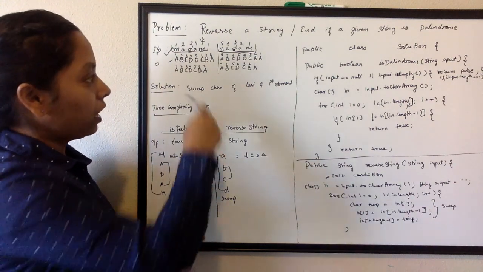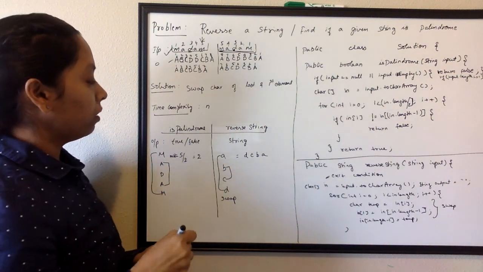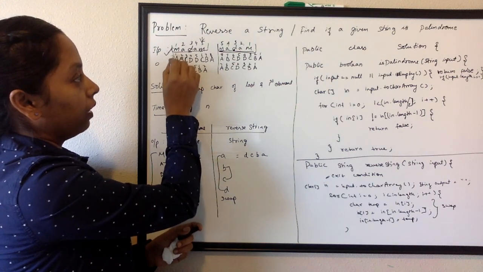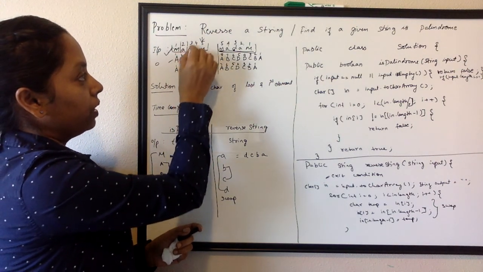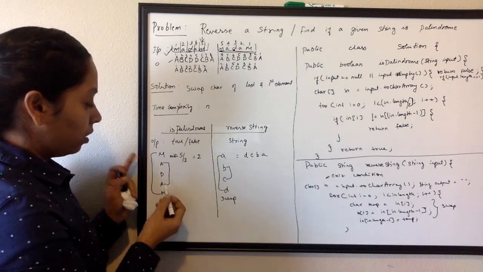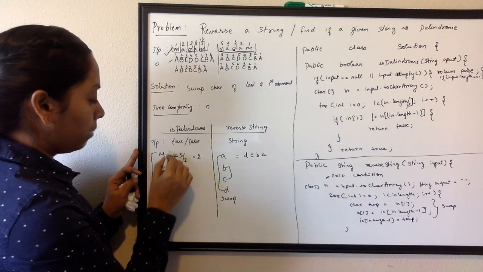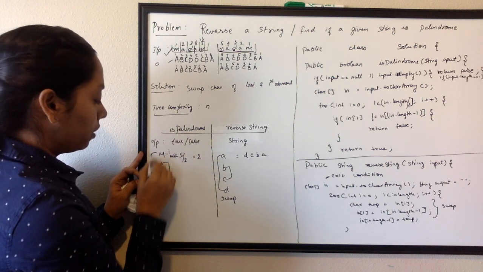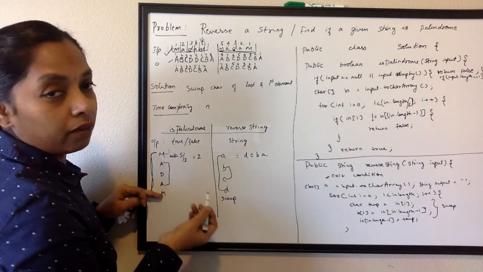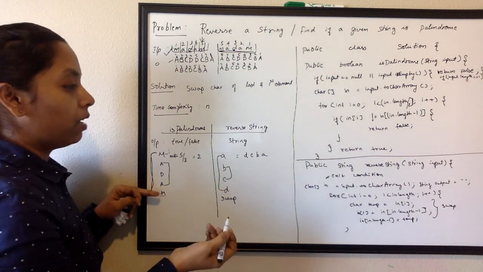How we can do this is, we can put it in a character array and get each element. If you see this MADAM, we can start from the i position and compare it with the last element and check if both are not the same. Right away you just return that this is not a palindrome.